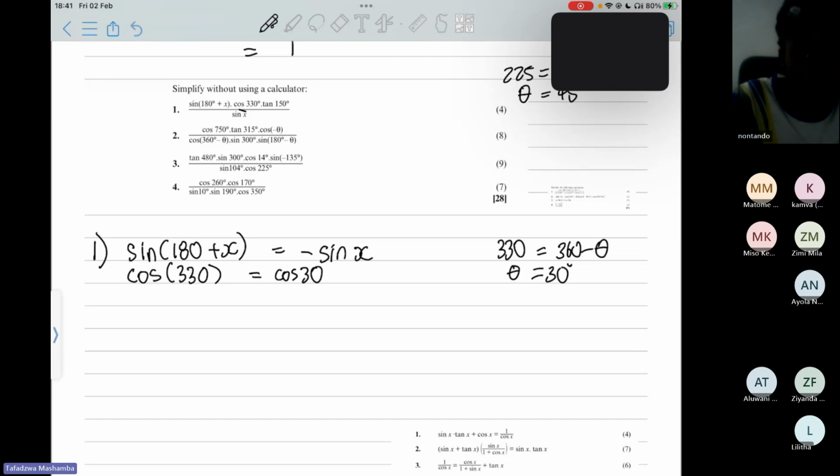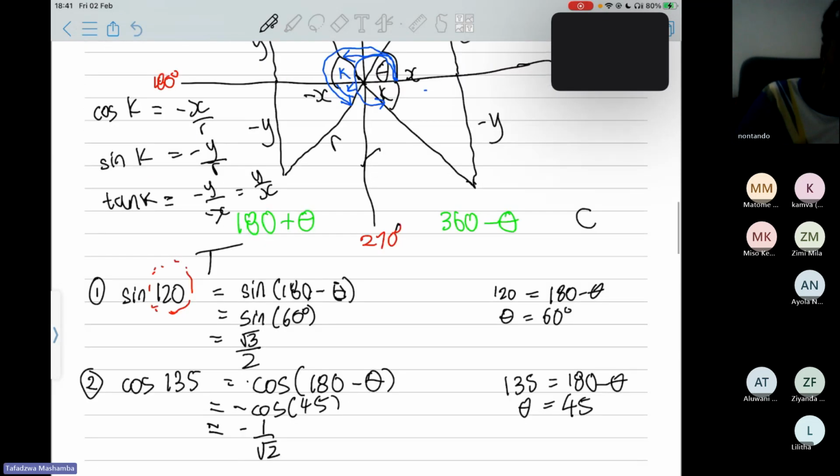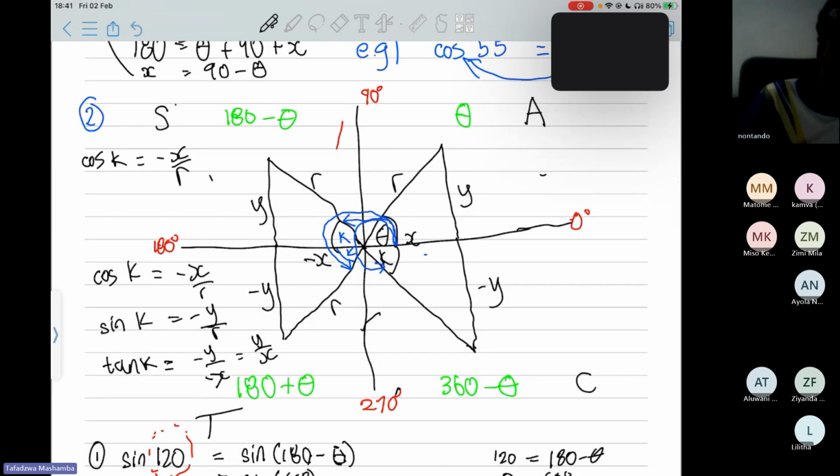And then what's the next one? Tan of 150. Similar concept to what we just did here. Can you see that 150 is in the second quadrant, but tan is negative there.